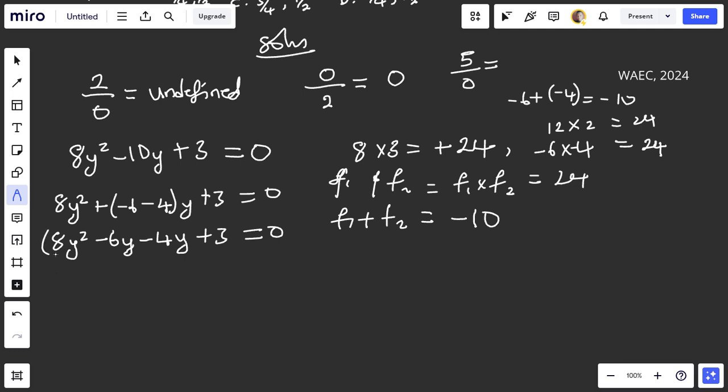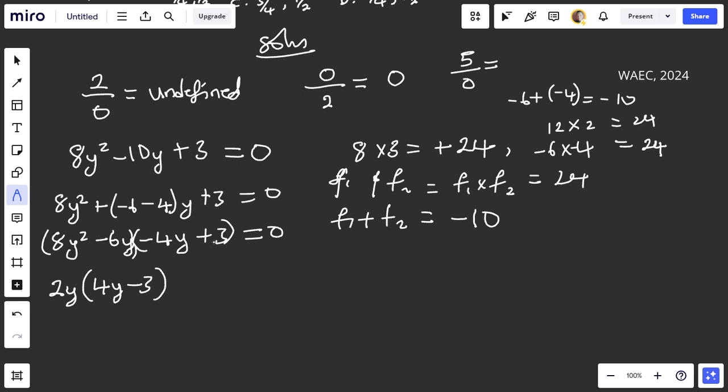We can now factor out common factors. Between 8 and 6, the common factor is 2, and between y squared and y, the common factor is y. So you can factor out 2y from these two terms. When you factor out 2y, what will be left is 4y minus 3.